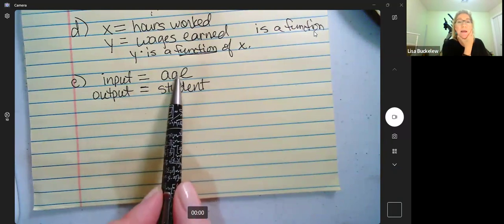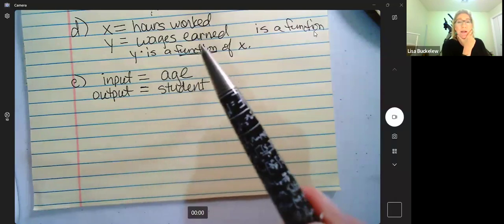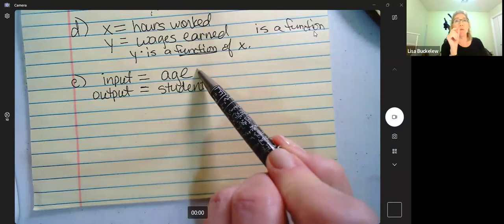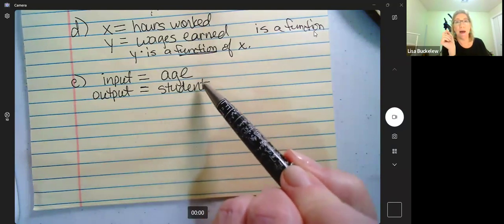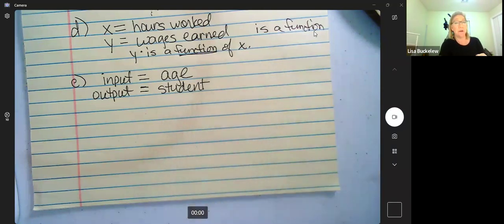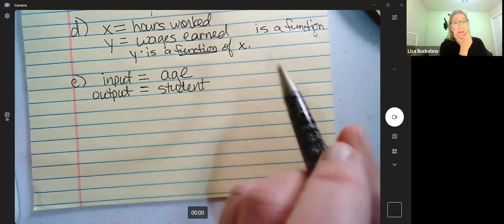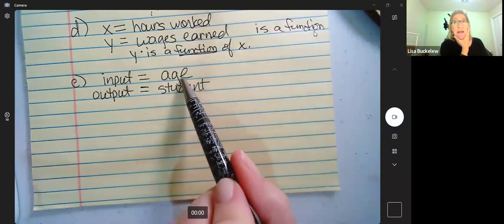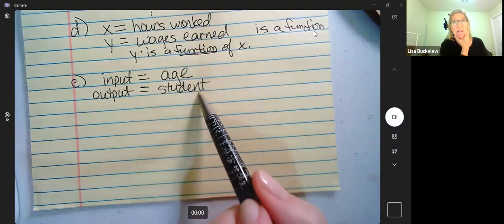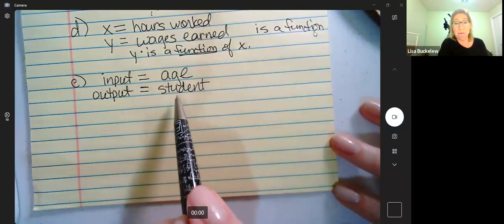If I picked the age 19 years old, would I know what specific student is that age? Do we have more than one 19-year-old? Is it possible to have more than one 19-year-old in the same class? It is possible. Just because I know someone's age doesn't mean I know who it is. There might be several people that have the same age. So age is not a function.